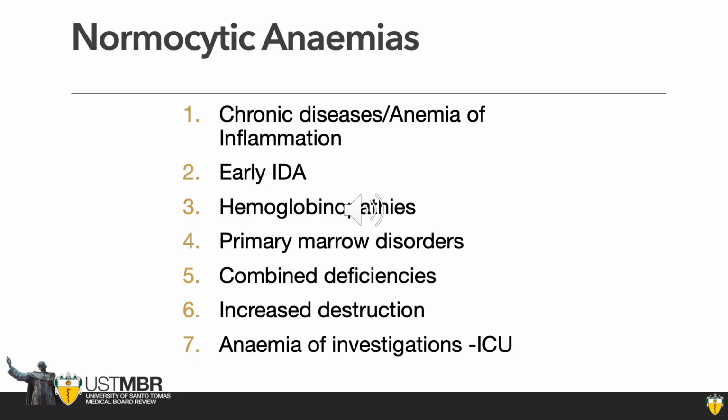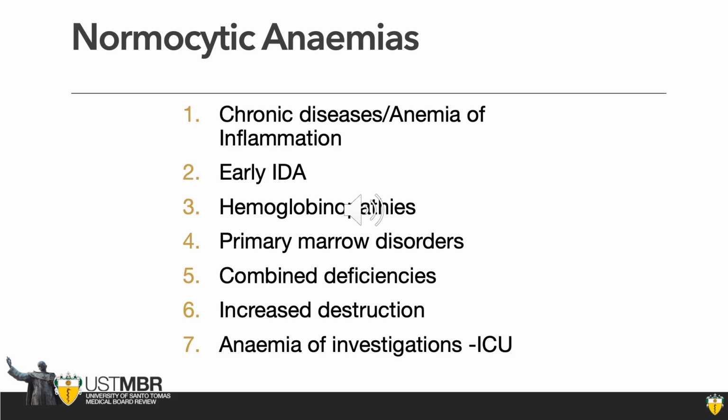Okay, let's go now to the normocytic normochromic anemias. And these are the common diseases and are actually the most difficult to work up. Okay, and look for the possible cause of this anemia, because there are a lot of diseases that can cause these normocytic normochromic anemias.